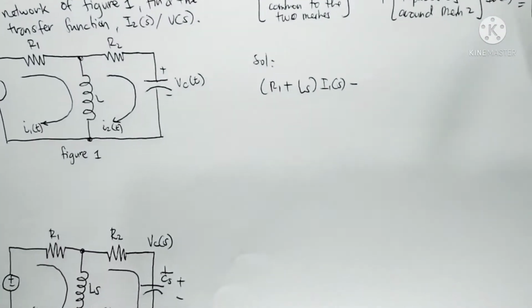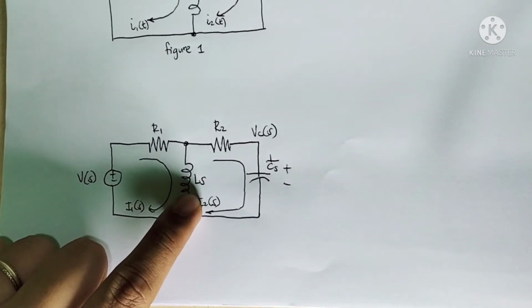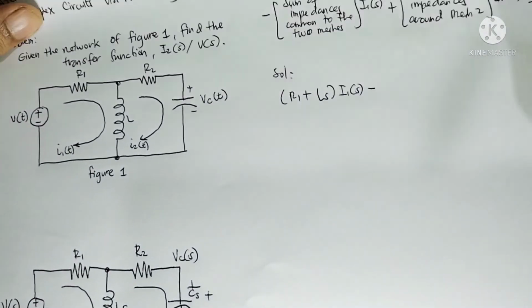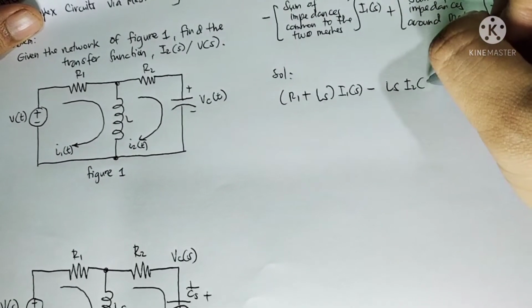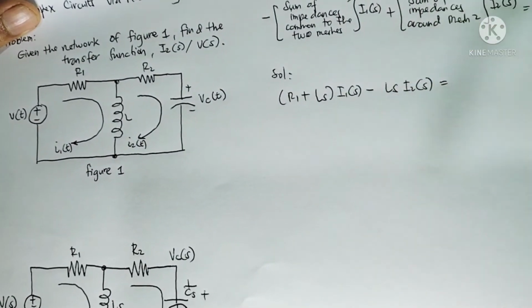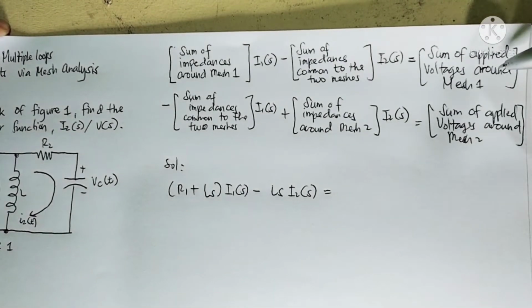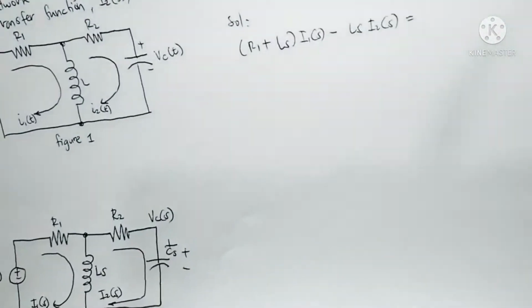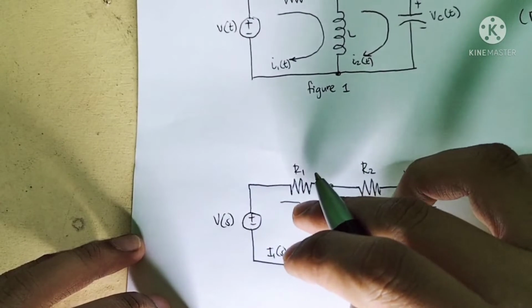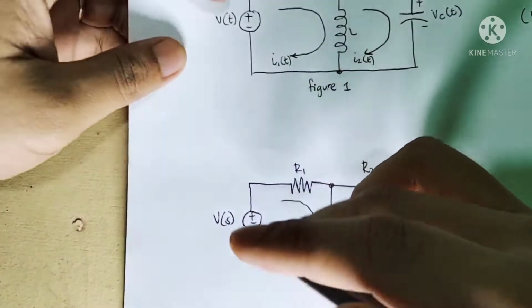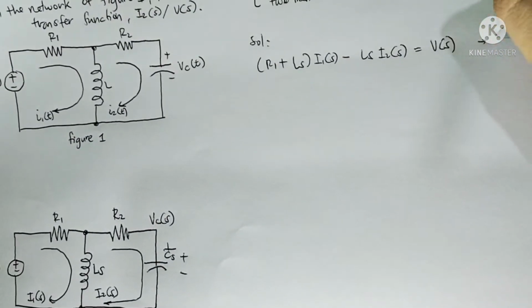There is only one component common to the two meshes, which is the Ls. Therefore this will be Ls I sub 2 as a function of S, equal to the sum of applied voltage around mesh 1. The total voltage around mesh 1 is equal to V sub S. So this is our equation 1.